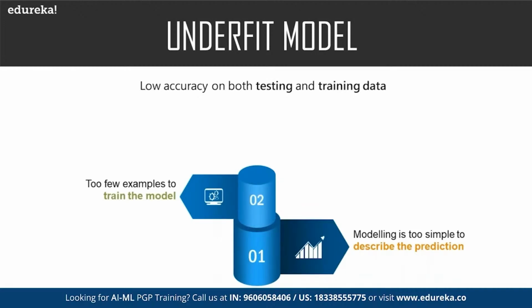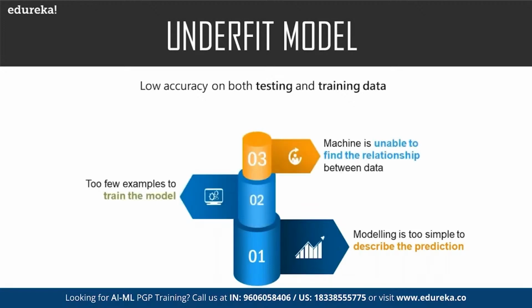We may be using very little data to train the model. That's the big cause that yielded such an underfit model. And moving ahead, the machine is unable to find the relationship between the data because we haven't properly chosen the data with which to evaluate the model.